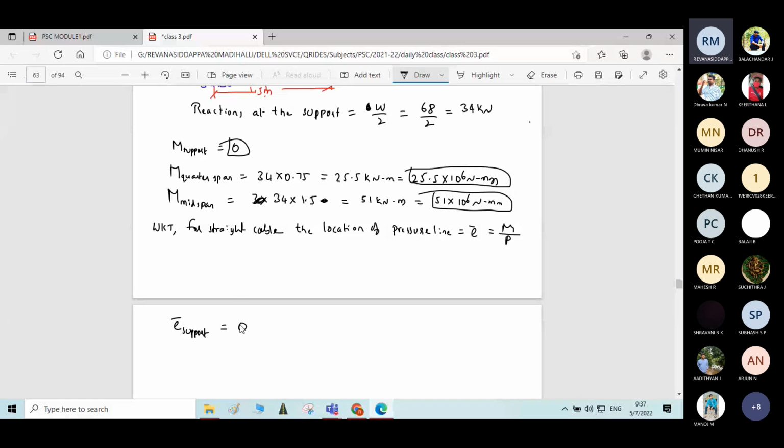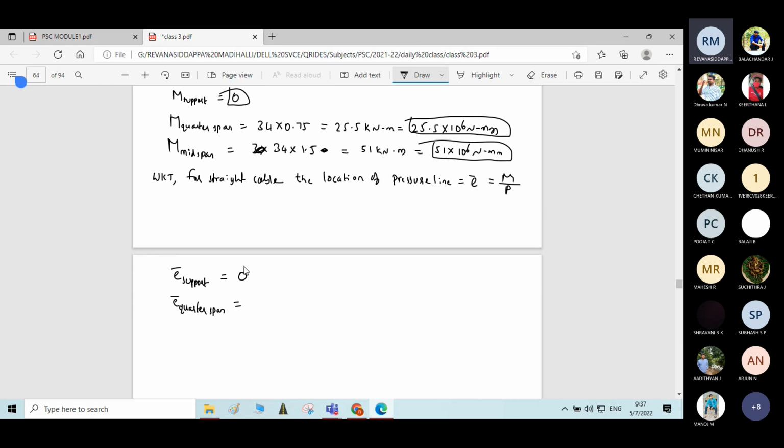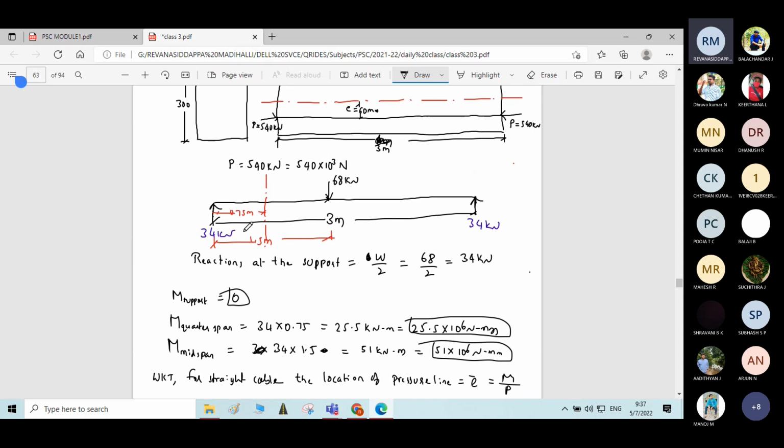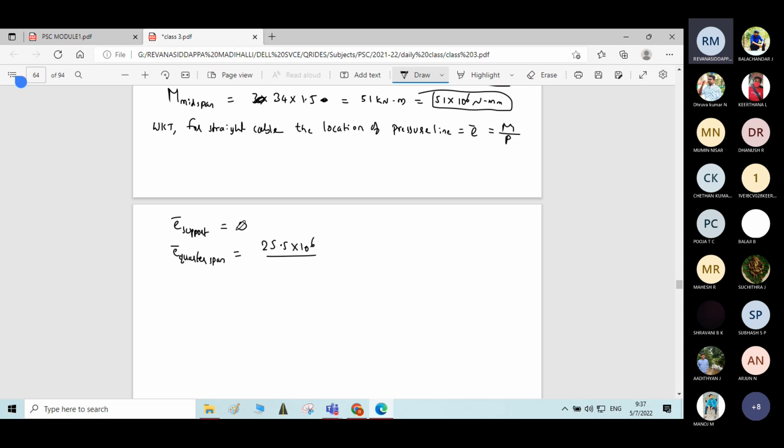Moment at support is 0, so it becomes 0 only. Therefore, e bar at quarter span is equal to the moment at quarter span, 25.5 into 10 power 6, divided by the prestressing force P, 540 into 10 power 3.